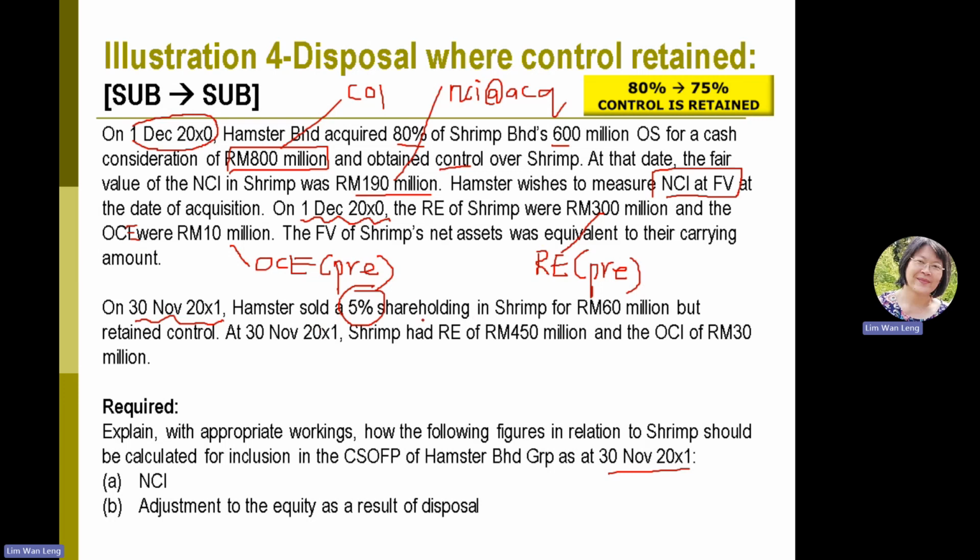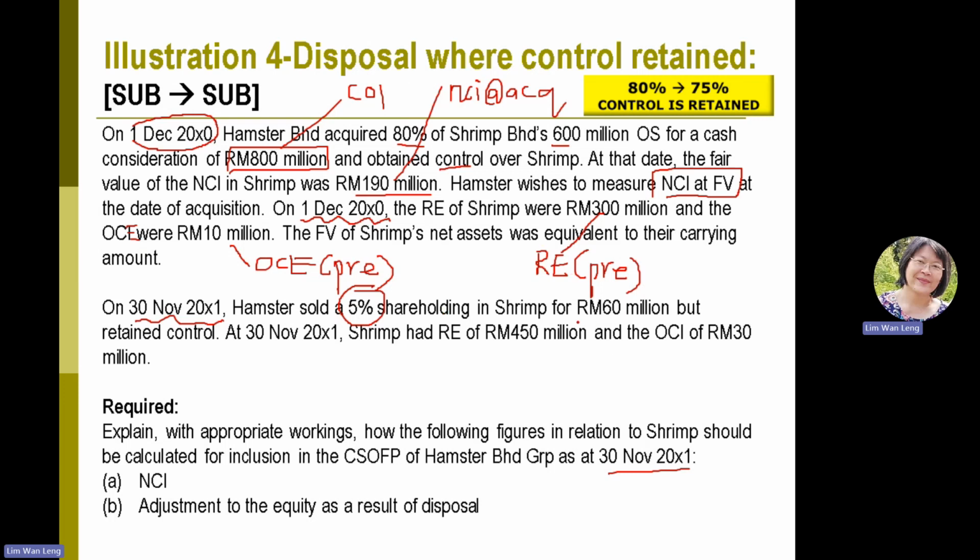So 5% shareholding, I shouldn't say of. Hamster sold a 5% shareholding. That means just minus 5. If I say 5% of its shareholding, you have to take 80% times 5%, which is a different figure.